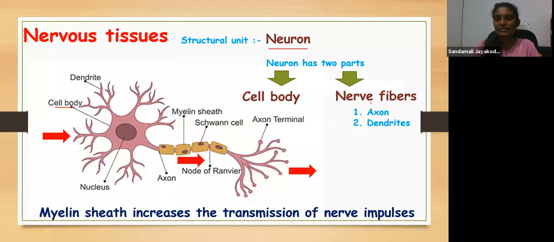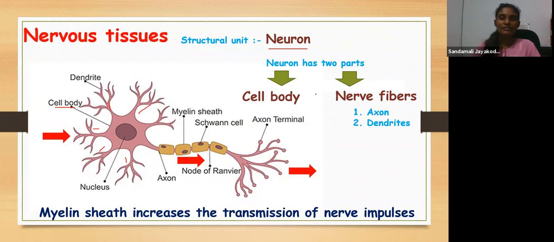And then it has some nerve fibers like this. There are a few fibers in this area, and there's a long fiber in this region. So these are named as the nerve fibers. Cell body and nerve fibers are the two main parts of a neuron.